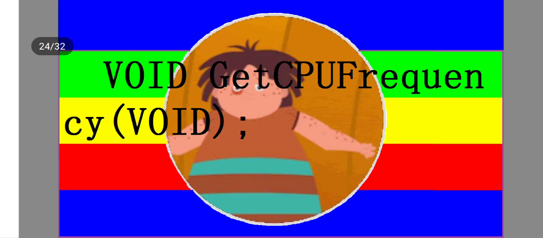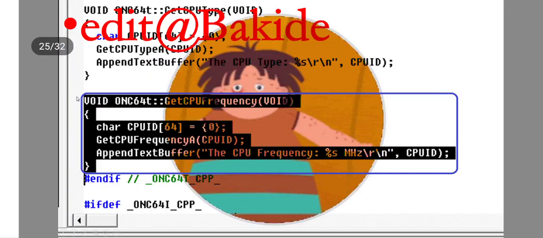Void get CPU frequency, void semicolon, not frequency A, frequency. Pay attention. Edit at bracket. Void on C64T.